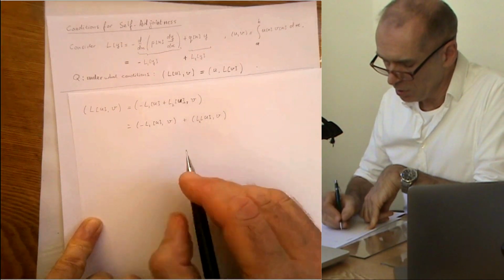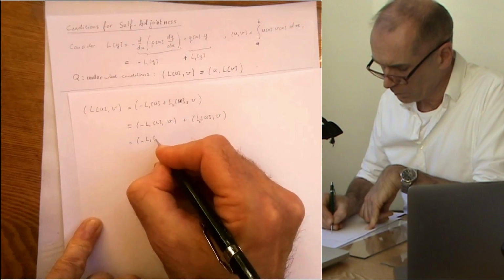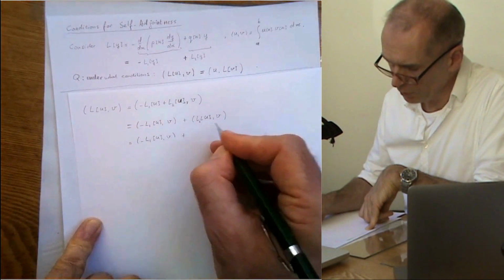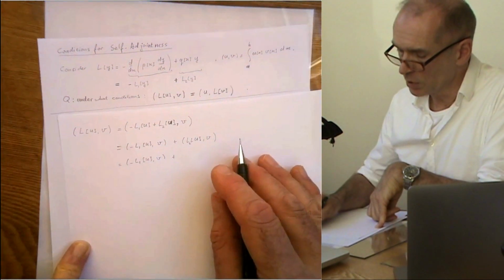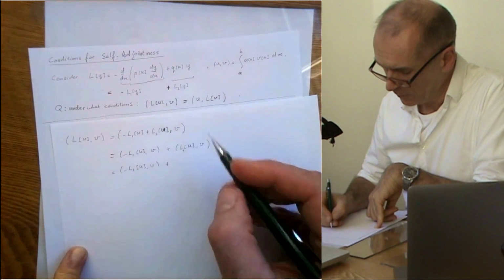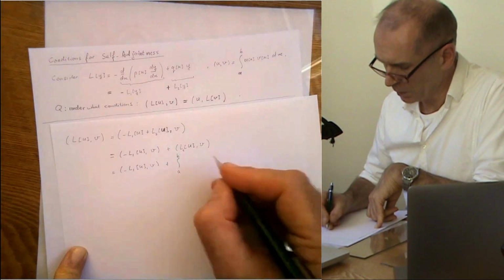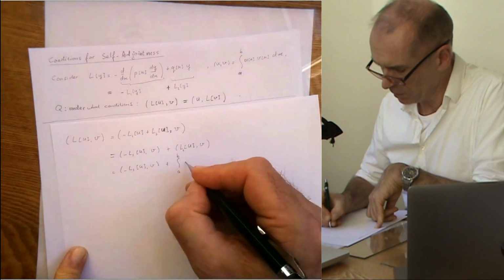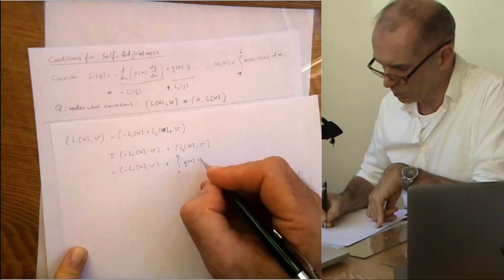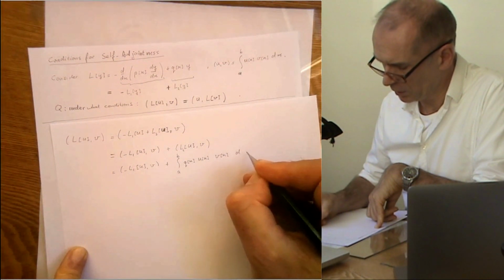Now this one is easy, so I copy this. And now I use the definition of the inner product as we have it over here, and substitute also the definition of L2. So this is supposed to be an integral, and L2 is just multiplying u by q. So q depends on x, and u is also a function of x, and here we have v of x. And the whole thing is integrated.